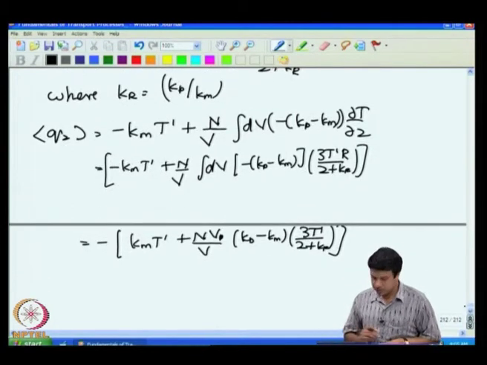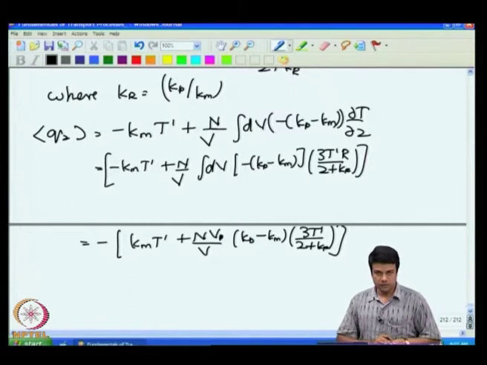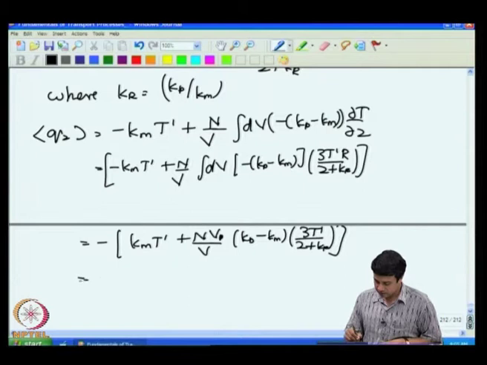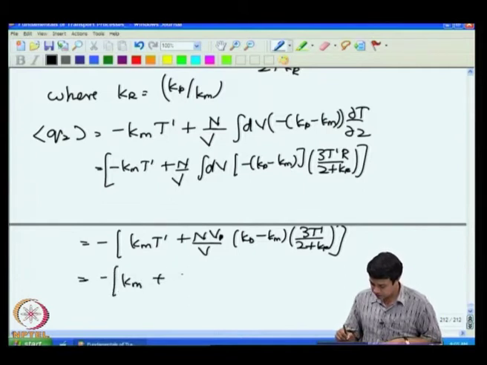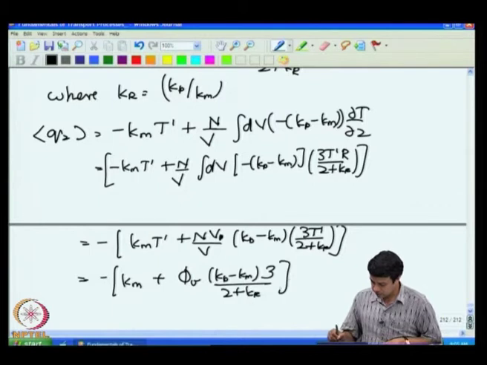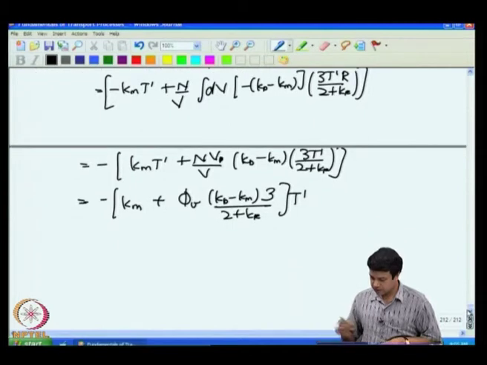The number of particles times the volume of one particle divided by the total volume is just the volume fraction. So, this is equal to minus of Km plus the volume fraction phi v into Kp minus Km into 3 by 2 plus Kr into T prime. So, this finally gives me the conductivity of a composite material.